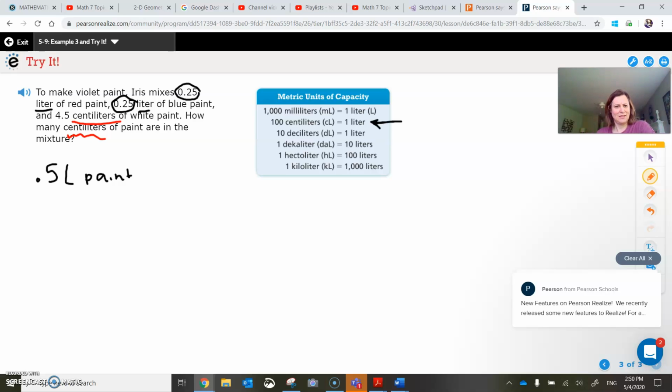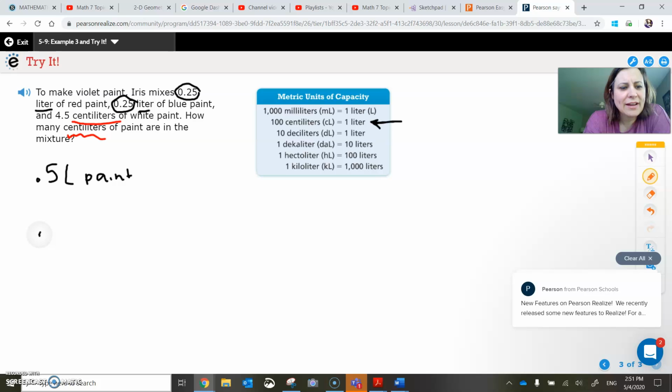Well, wait a minute. Is it going to be this easy? This seems too easy. Half a liter, if 1 liter is 100 centiliters, then what's half a liter? Well, it'd just be 50, I'm pretty sure. Just a second, let me check my calculation. Well, let's pretend it's a little more difficult than this. Let's at least just set it up.